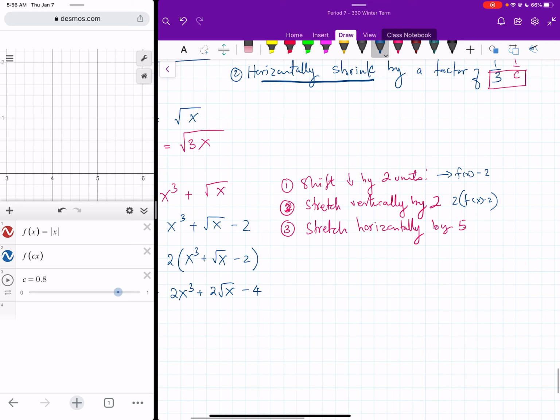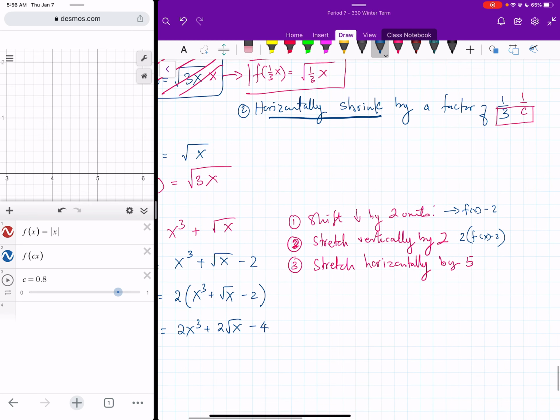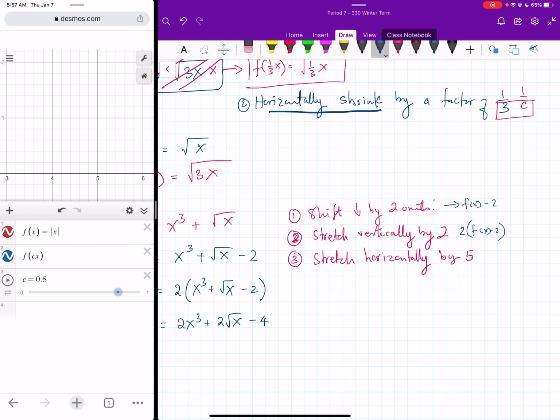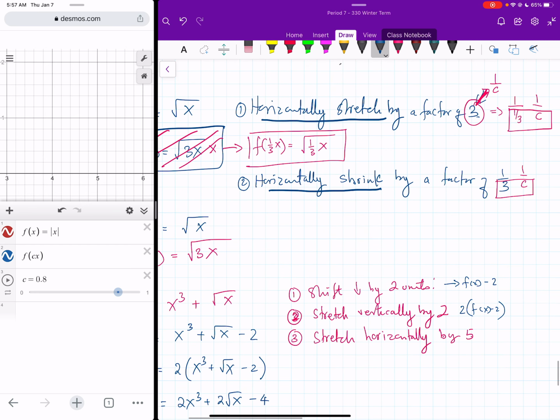And then it says stretch horizontally by 5. If it's a stretch horizontally by 5, you have to understand that this is what is stretched by 5, meaning that this came from 1 over 5.